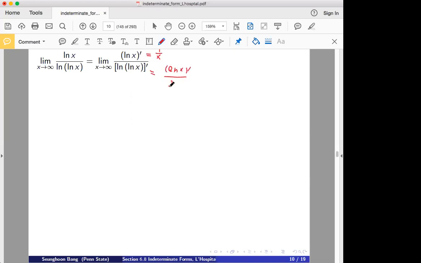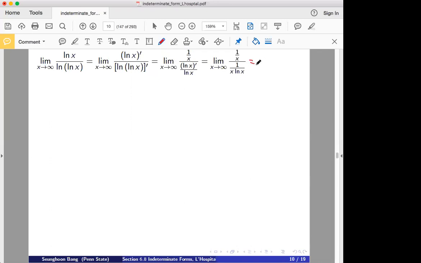So we have the derivative of ln of x over the derivative of x, which is 1 over x over ln of x, the same as 1 over x times the reciprocal of the denominator ln of x. So we have 1 over x times ln of x.